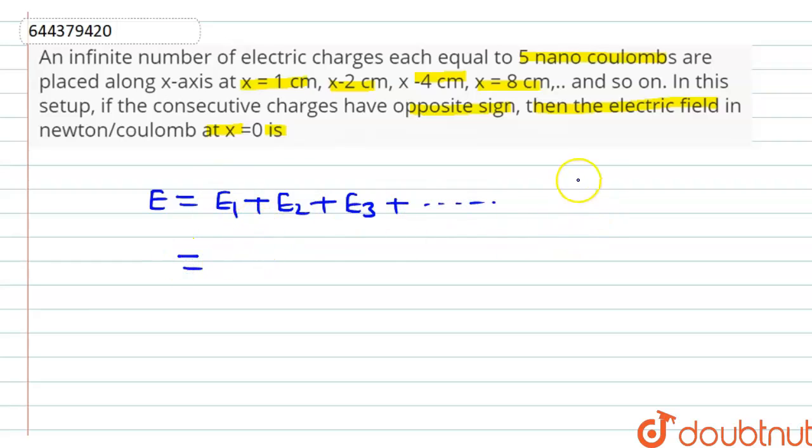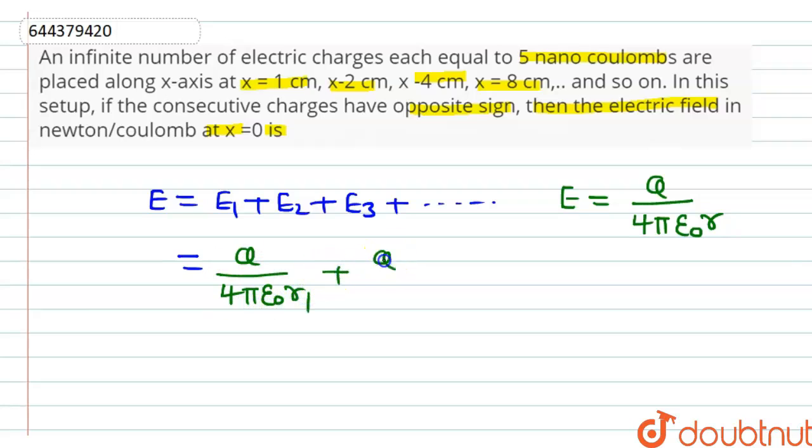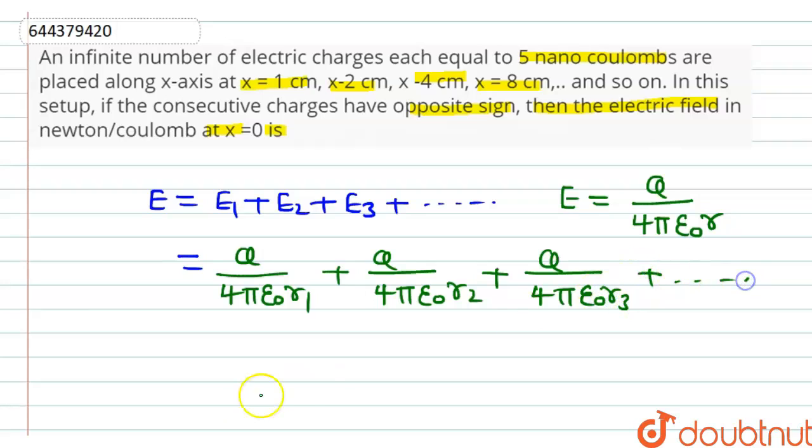We know that the electric field is calculated by the formula E equals 1 upon 4 pi epsilon naught into Q divided by R. So by using this relation, E will be equal to Q divided by 4 pi epsilon naught R1 plus Q divided by 4 pi epsilon naught R2 plus Q divided by 4 pi epsilon naught R3 plus, and so on.